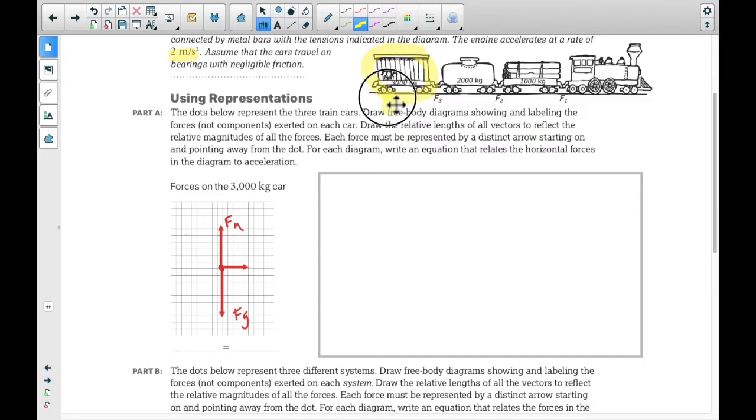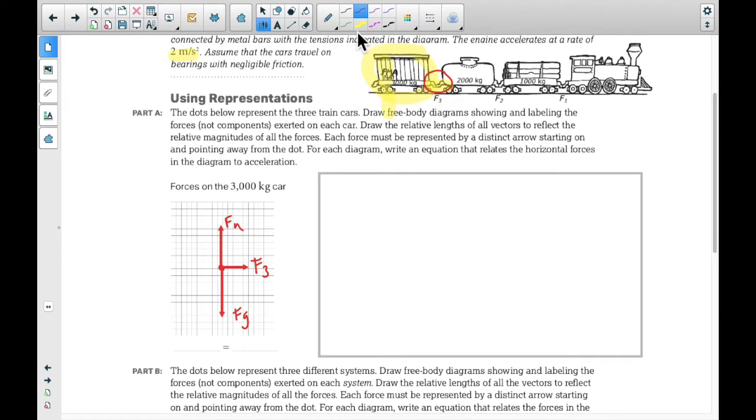So something's hitting the wheels here, so that's a vector of gravity, and there has to be one going the opposite way also, so that's your normal force. Now we also do have this other force right here. That is F sub 3. So I'm going to put that into my free body diagram as well. Okay, let's go to the next one.